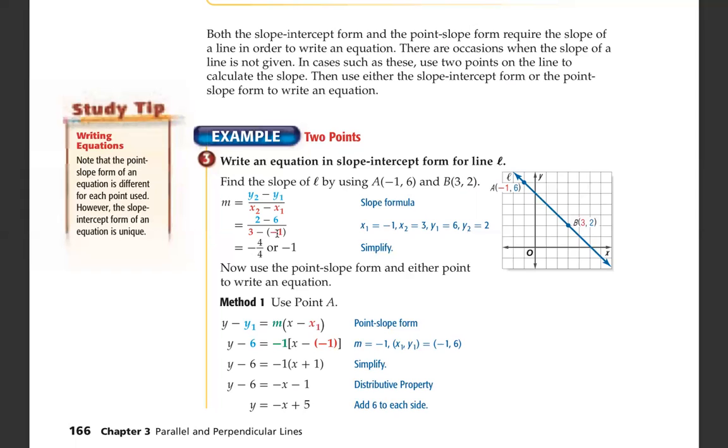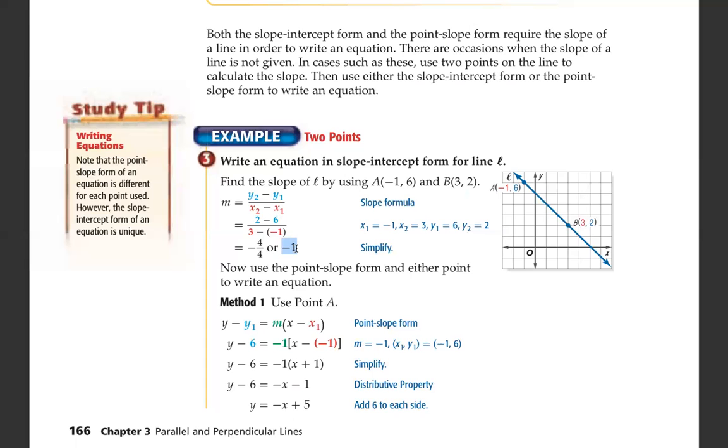That's why it's minus negative 1. So simplifying the numerator and the denominator, it becomes negative 4 over positive 4. Simplify it, it's equal to negative 1. So this is now our slope.